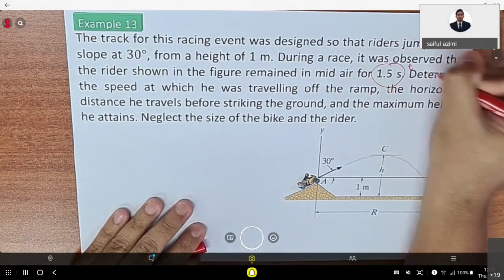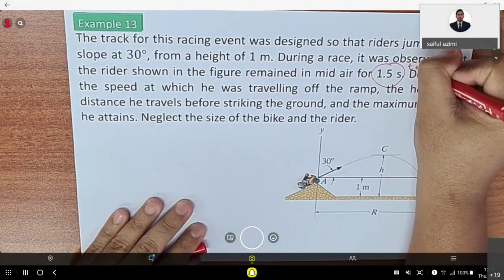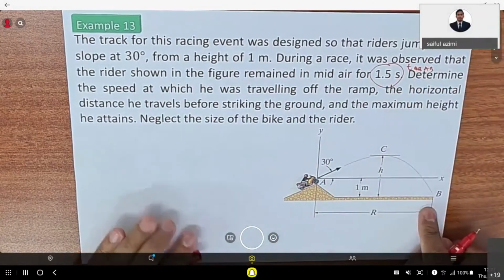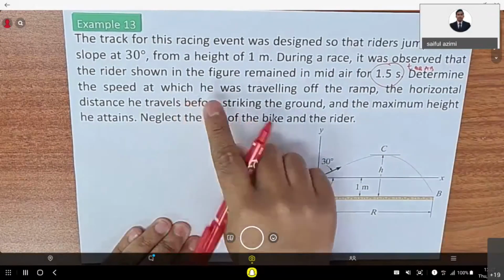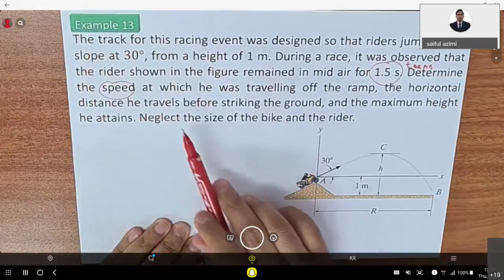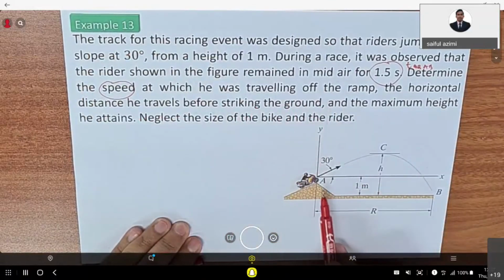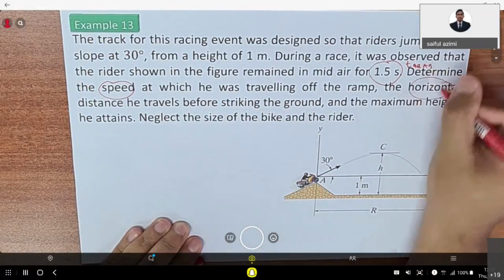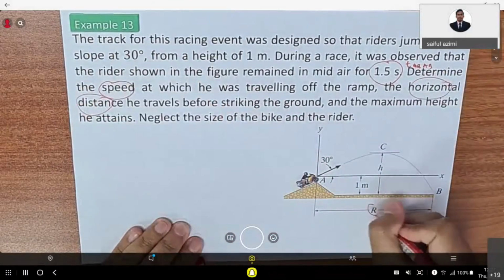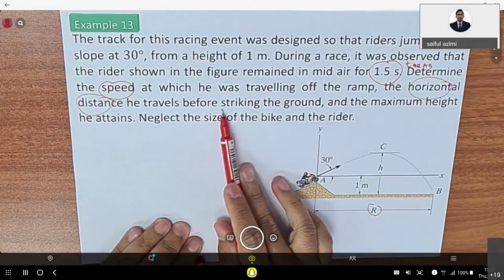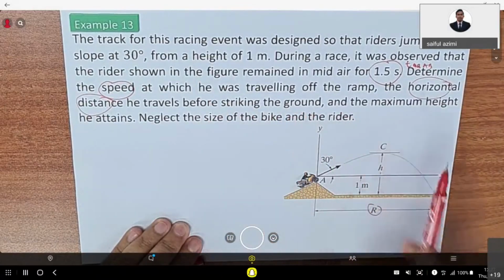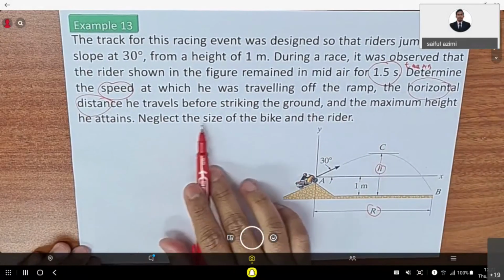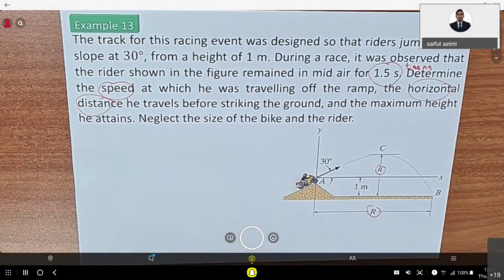So this is your TAB, time from A to B. Determine the speed at which he was traveling off the ramp, the horizontal distance R he traveled before striking the ground, and the maximum height H he attains. They ask you to neglect the size of the bike and the rider.